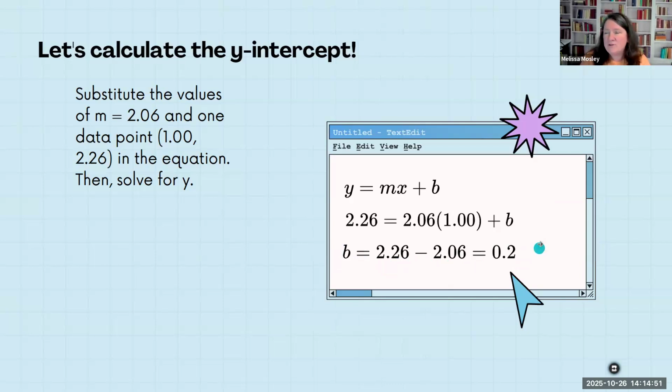So where is it going to intercept the line at? On the y-axis, it's going to intercept or cross that y-axis at 0.2.